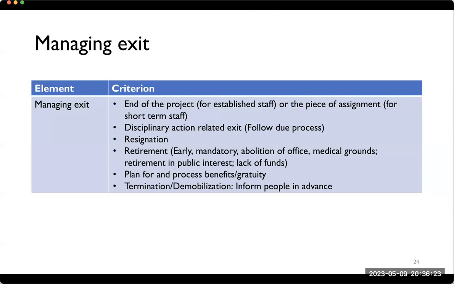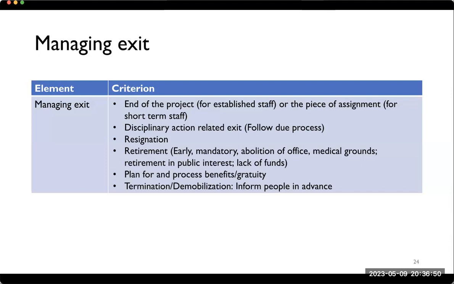So in terms of either it's a social security, we have to start filling their papers so that they can access their benefits. And then we have to think through termination or demobilization. We have to inform people in advance. If the project is ending in 6 months or 12 months, you start to prepare your staff.